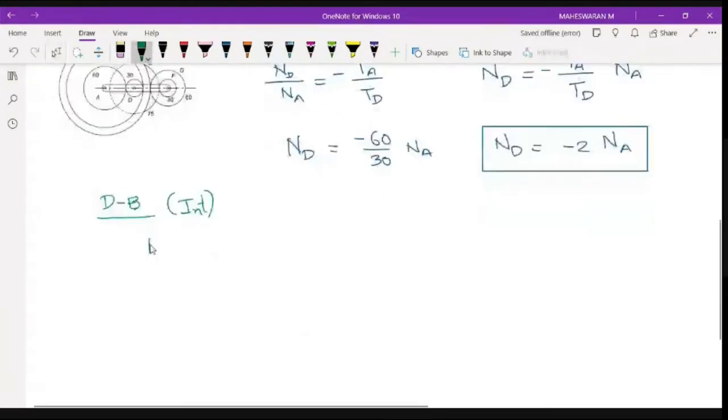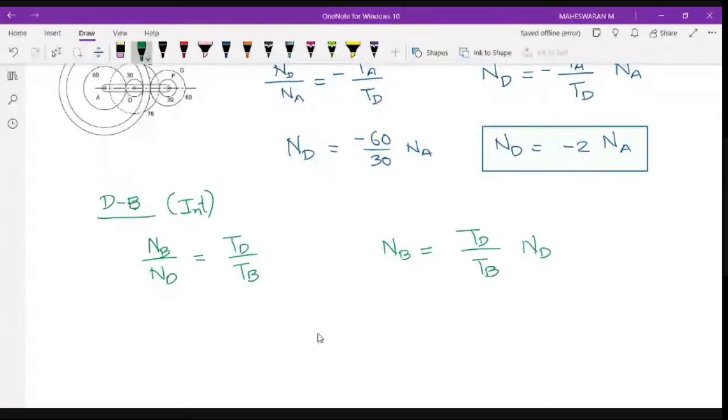So ND by NB is equal to TD by TB, which means NB will be equal to TD by TB into ND. But we know ND is minus 2 NA, which we identified previously. So I can substitute NB is equal to TD by TB into minus 2 NA.